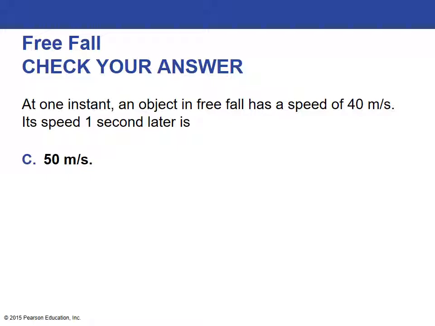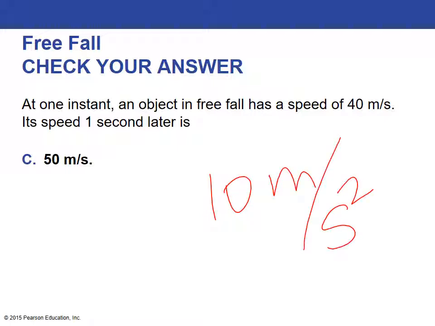One second later, this speed is 10 meters per second faster because we are accelerating at a rate of 10 meters per second squared. Same problem we worked. Go look back at some chapter 3 videos if you don't remember how to solve that problem.